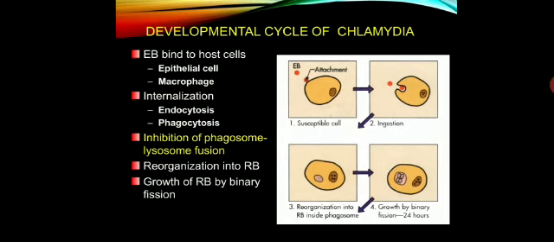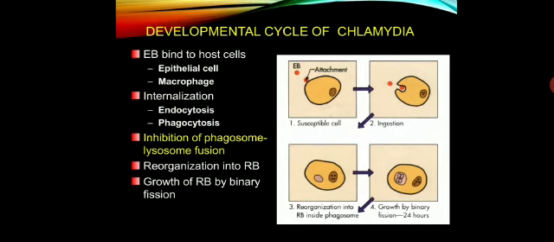And then these bacteria reorganize into a reticulate body. The elementary body attached to a host cell, that is an epithelial cell or macrophage, enters inside the cell via phagocytosis or endocytosis, and escapes lysosome fusion.